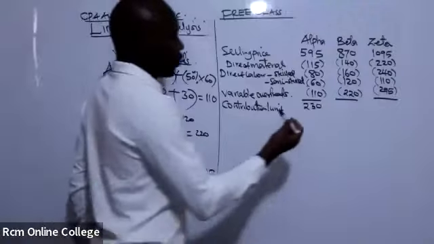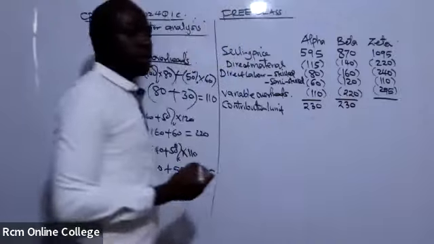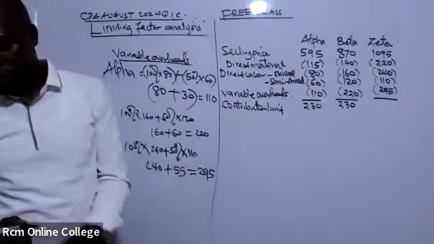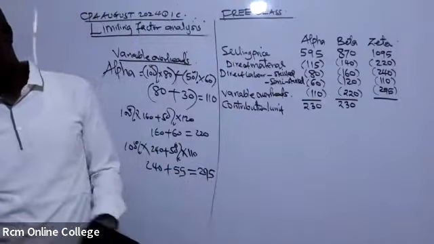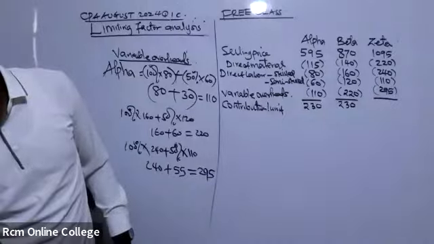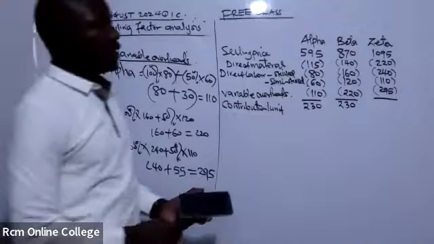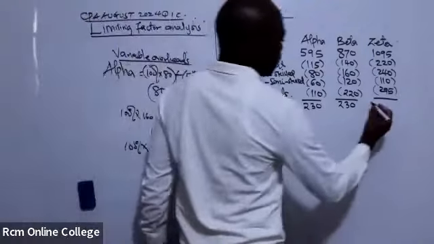Beta 230. Okay. Zeta. Somebody different should be able to give us the value for zeta. The 24 of us, somebody should give us the figure for zeta. C, that is zeta, is also 230, I'm told that.